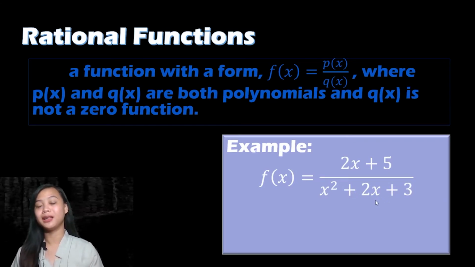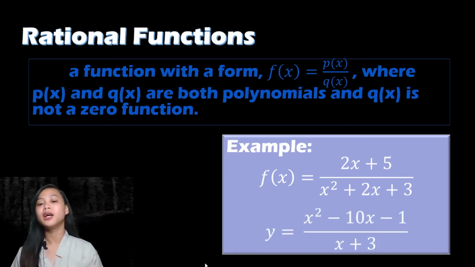So this example involves a numerator that is a polynomial, and the denominator is also a polynomial expression. Another example, we have y, the notation also for a function, which is the same as f of x equals x squared minus 10x minus 1 all over x plus 3.